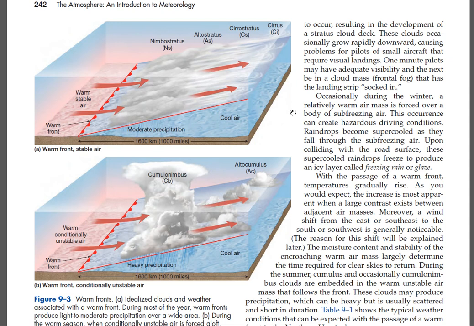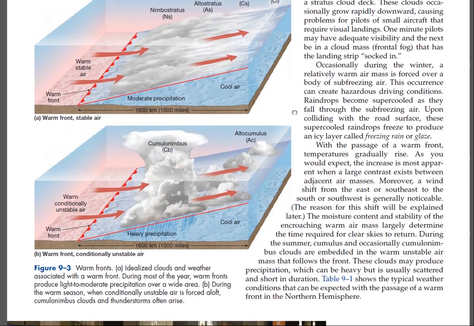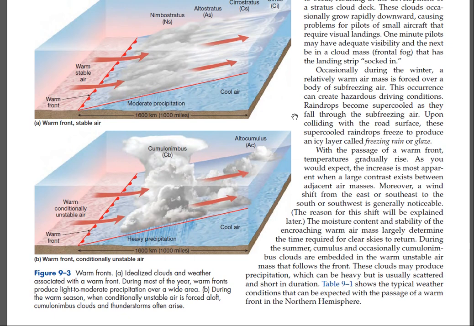This occurrence can create hazardous driving conditions. Raindrops become supercooled as they fall through the sub-freezing air. Upon colliding with the road surface, these supercooled raindrops freeze to produce an icy layer called freezing rain or glaze.